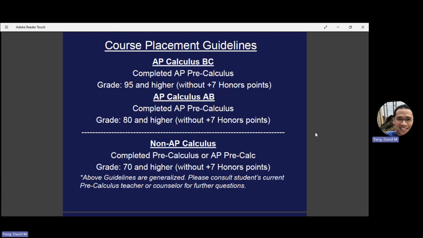And then students who have an 80 or higher are typically recommended to take AP Calculus AB. And just for comparison purposes, students who have completed a pre-calculus course or AP pre-calculus and just want to take a class that is maybe not as rigorous or as fast-paced as AB and BC will take non-AP calculus.